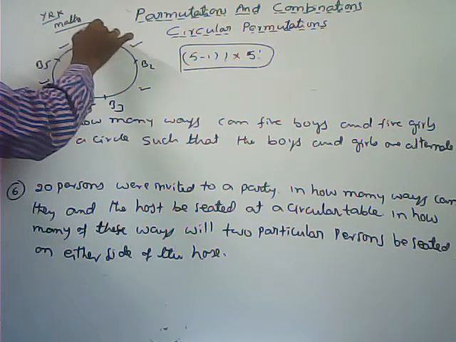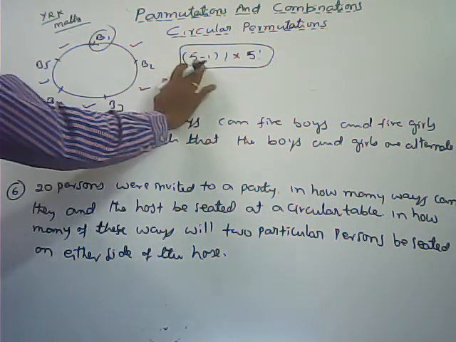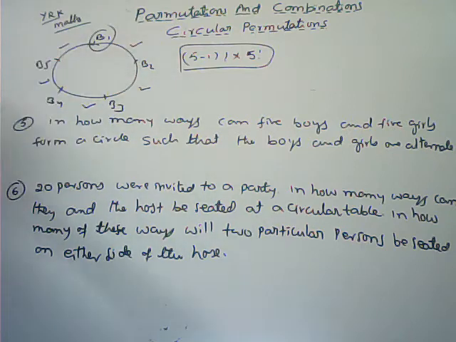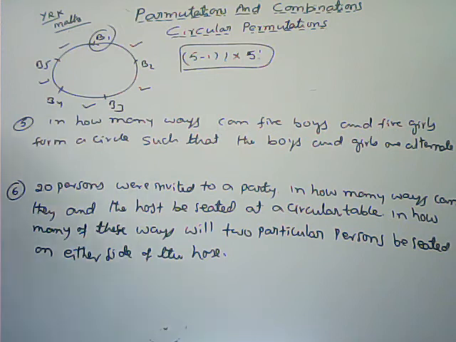Why? Because we are fixing 1 and the remaining 4 can be arranged among themselves in 4 factorial ways. Here we already fixed the persons. Now in those gaps, 5 gaps are there, and 5 girls can be seated in 5 factorial ways.